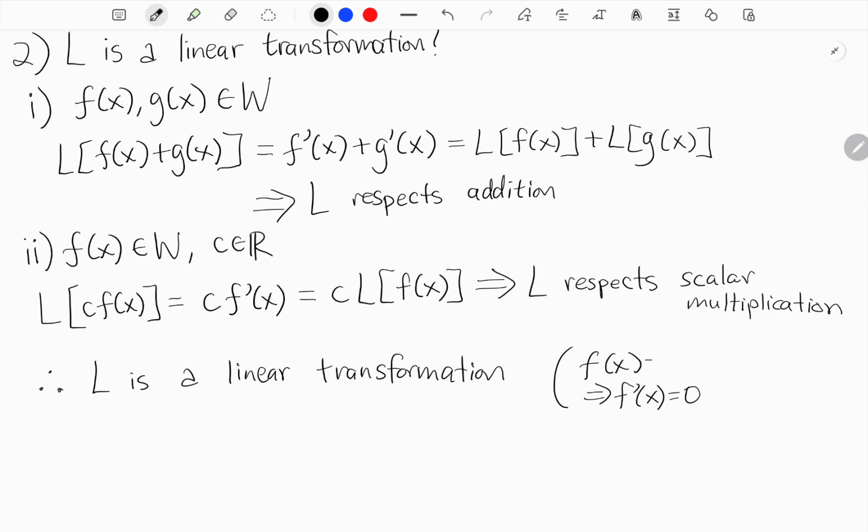The derivative of any constant is equal to 0. So that's true. So this is actually just L of f of x, which goes to L of 0. So L of 0 is equal to 0. So that follows.